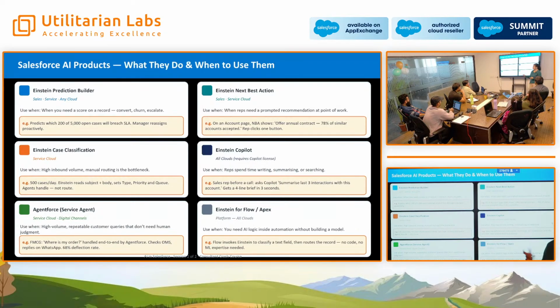Only some complex escalations will go on to human agent interactions. And next is Einstein for Flow and Apex. Here we are using an AI agent to have LLM logic. Not only that, inside a Flow and Apex also, we can invoke and get LLM logic into Apex and Flows.